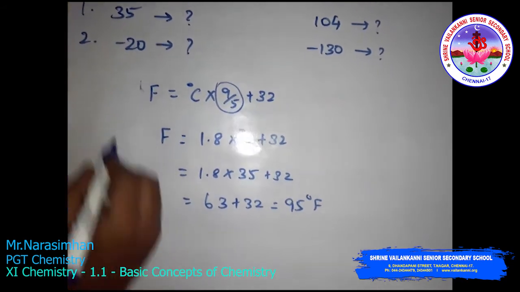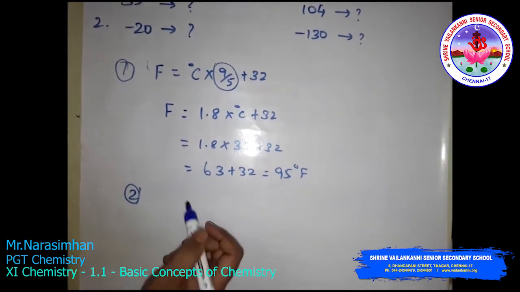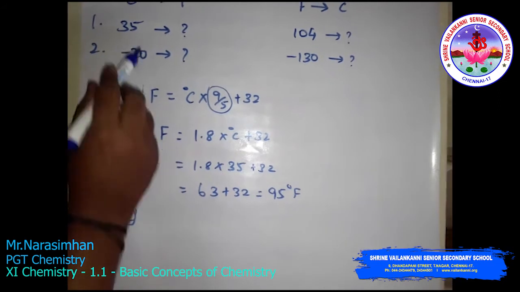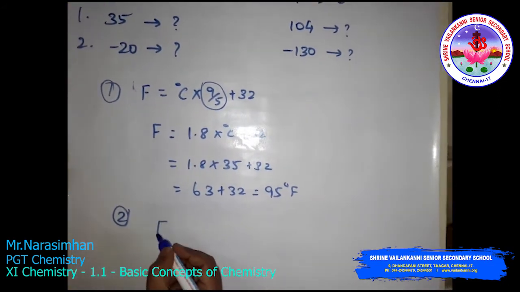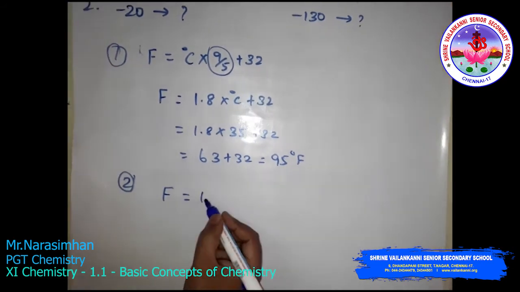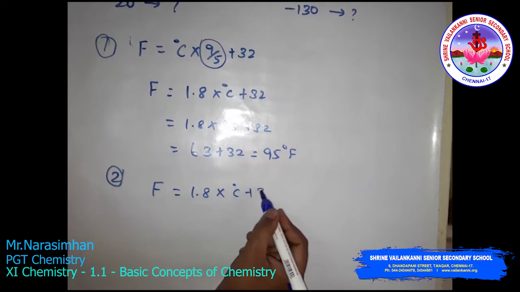Second, the question is minus 20 degree Celsius to degree Fahrenheit. F is equal to 1.8 into degree Celsius plus 32.